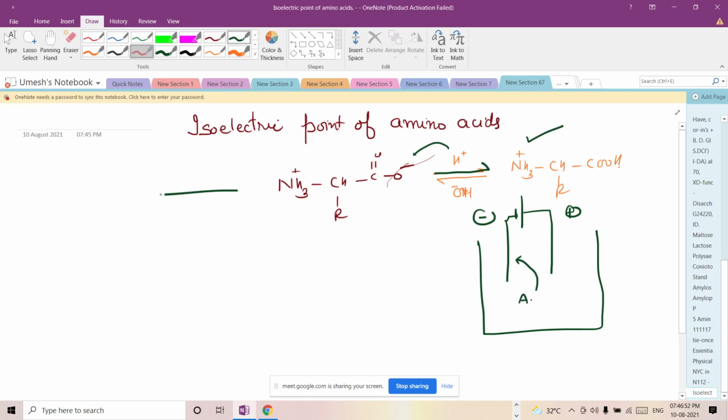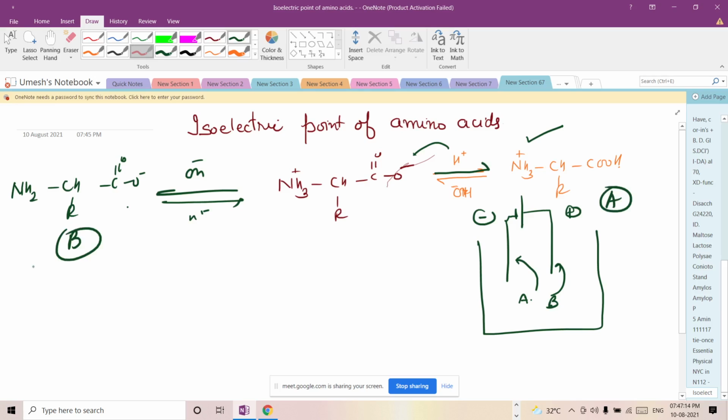But in the basic medium, suppose we add OH ion here, that will take out the H positive from the NH3 and make it NH2, CHR, and then COO negative. It is now negatively charged and will move toward the positive. In the acidic medium and the basic medium, they are moving towards different electrodes.